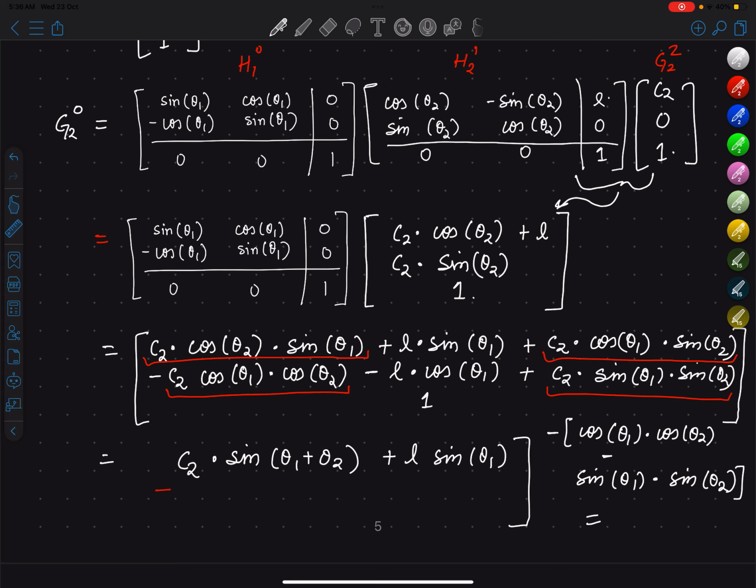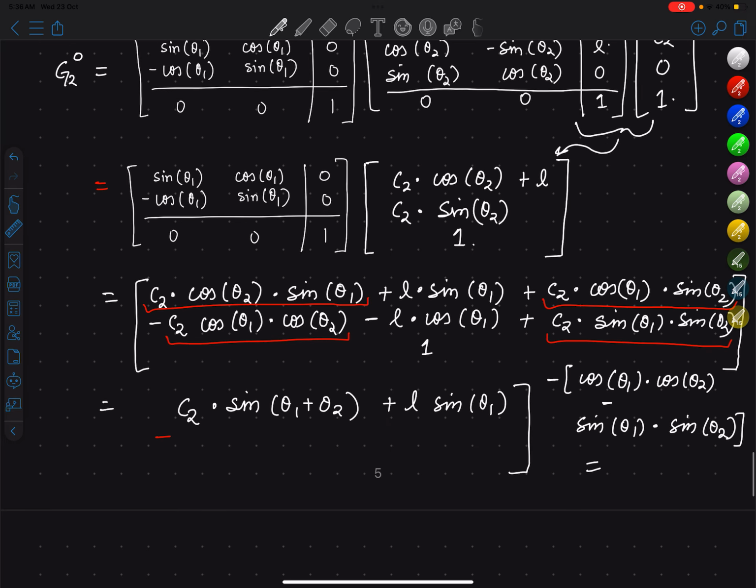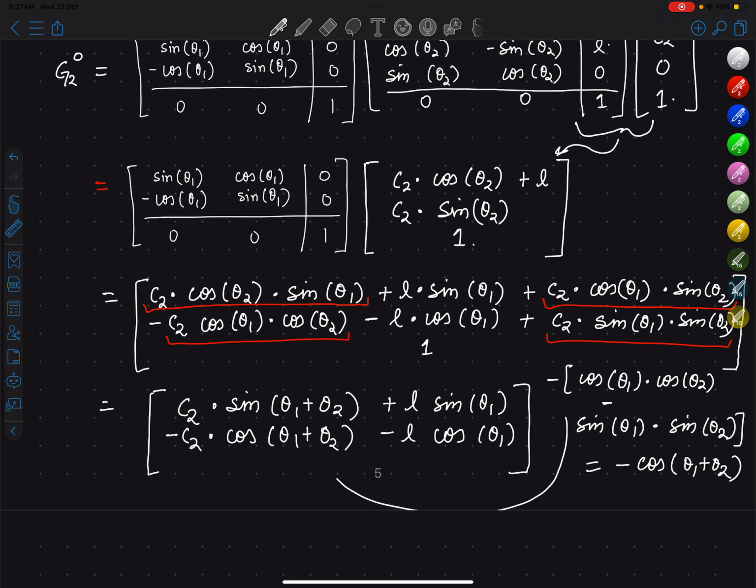So I think this will be minus of cos theta 1 plus theta 2. So this will be minus C2 dot cos theta 1 plus theta 2 minus L cos theta 1. So this identity we used here.